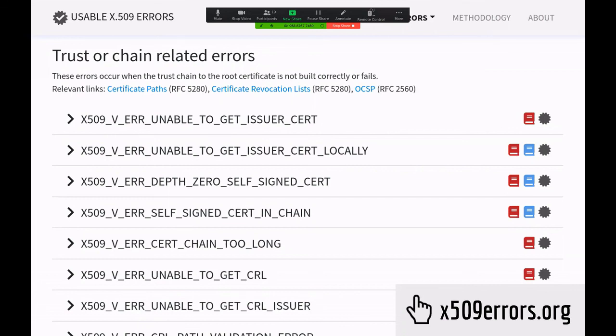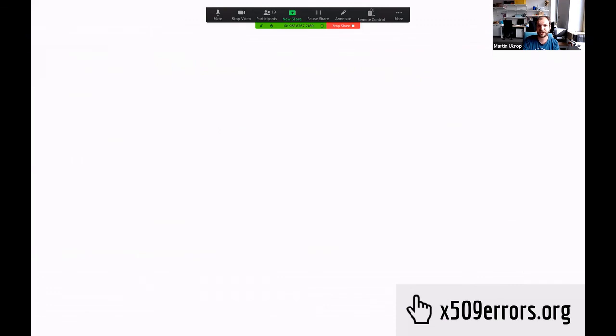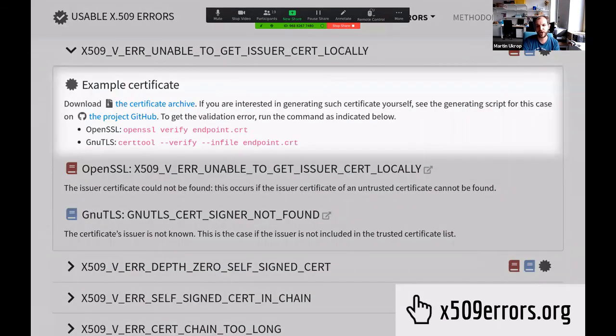Okay. So we have a website listing the errors, and for each of the errors, we're trying to get the devs an example certificate that generates the error.